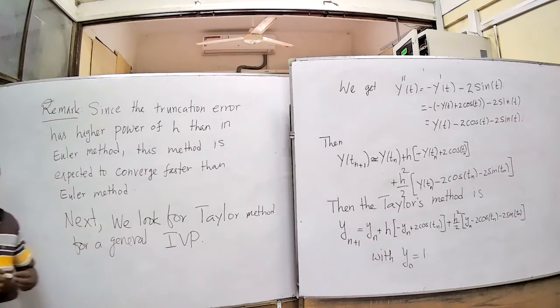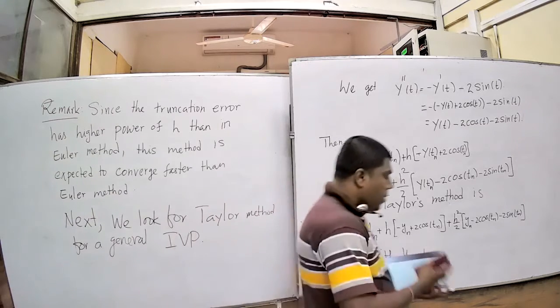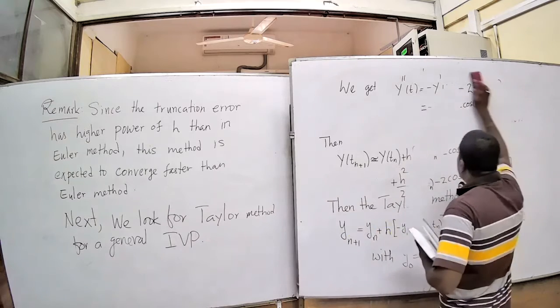Right, so we will try to consider Taylor's method for a general initial value problem, which is the standard initial value problem we use.